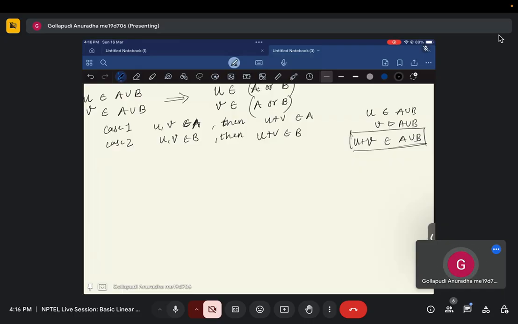But in case 3, if you take u belongs to A and v belongs to B, then can you really comment that u plus v will belong to A union B?